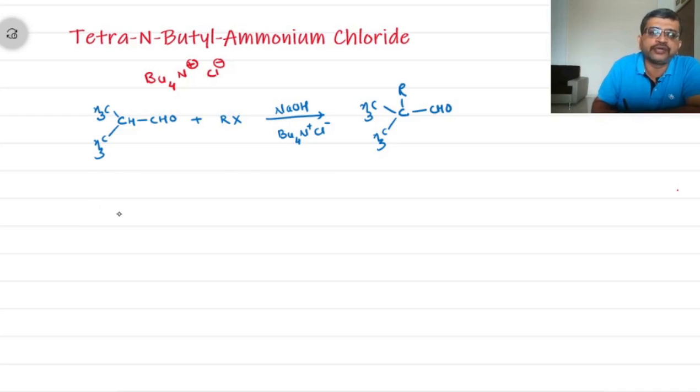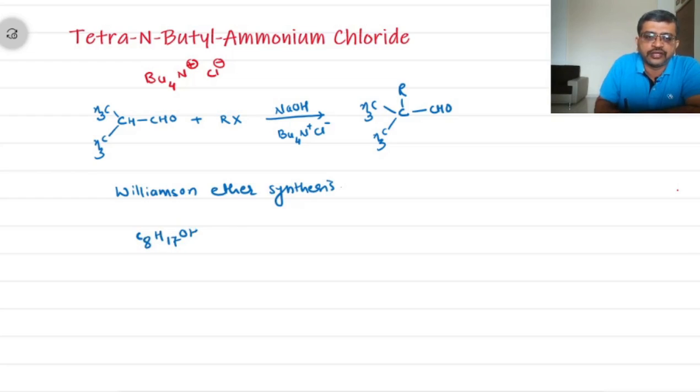Similarly, tetra-N-butyl ammonium chloride is also reported to be used in Williamson's ether synthesis. For example, if we add octanol to N-butyl chloride in presence of NaOH, the formation of ether by Williamson's ether synthesis proceeds rarely.